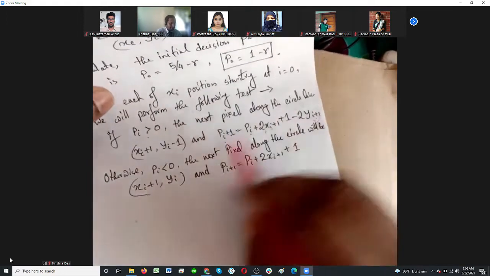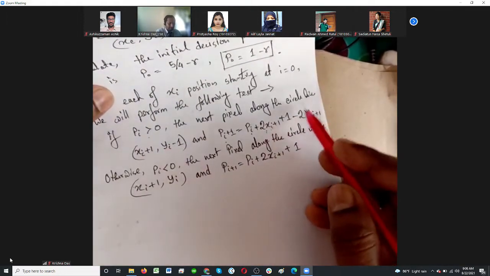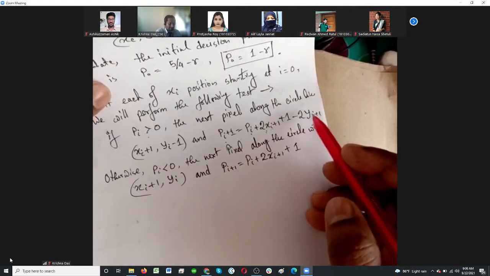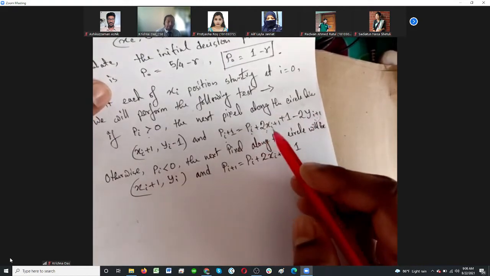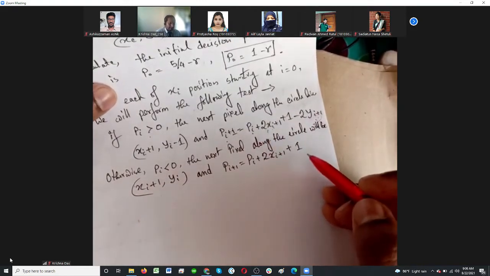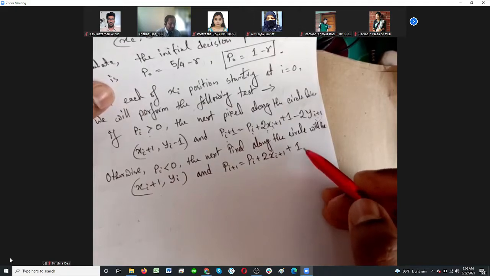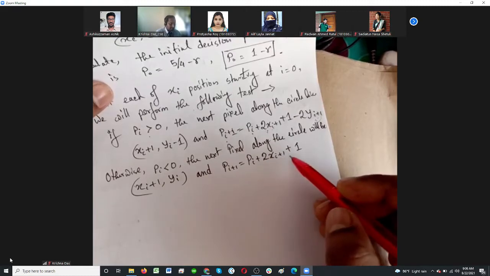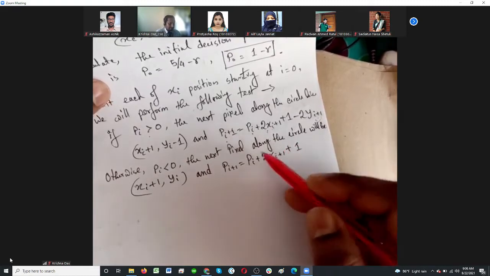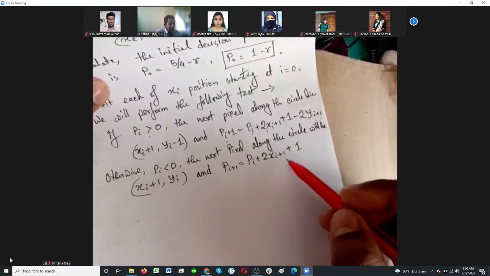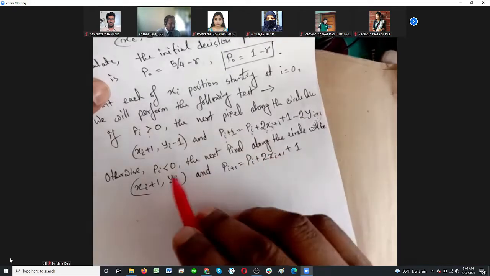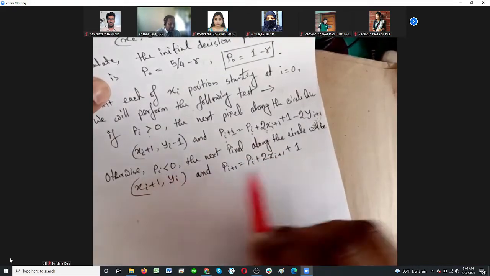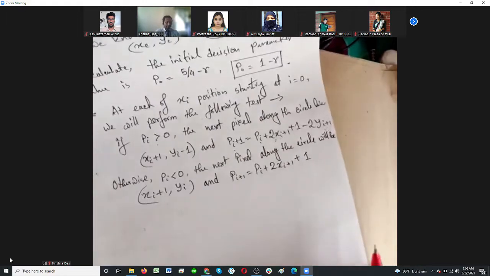Whenever we have the positive case, twice the y is subtracted from the value to find the next decision parameter, while when it is negative, only 2xi plus 1 is added. So there are chances that the value, as it is negative, will become positive at some point.